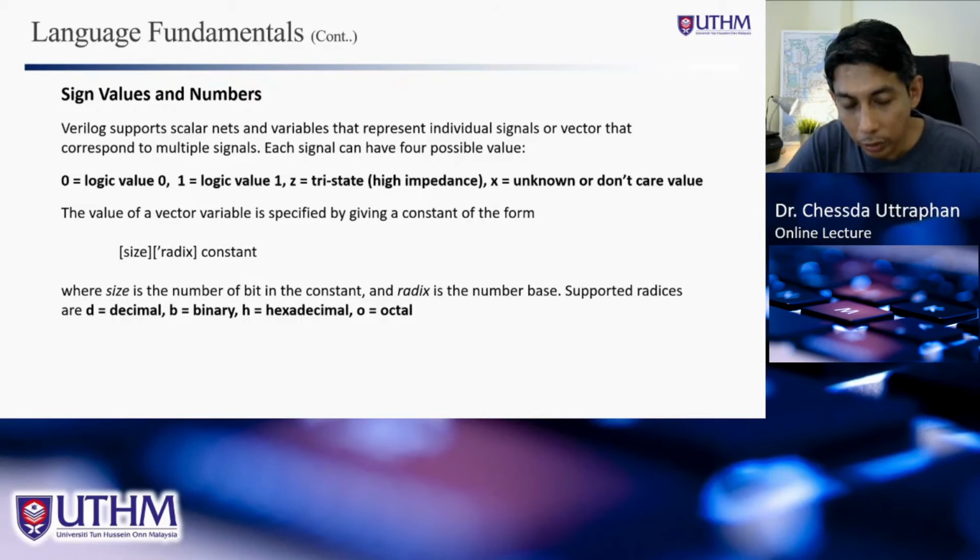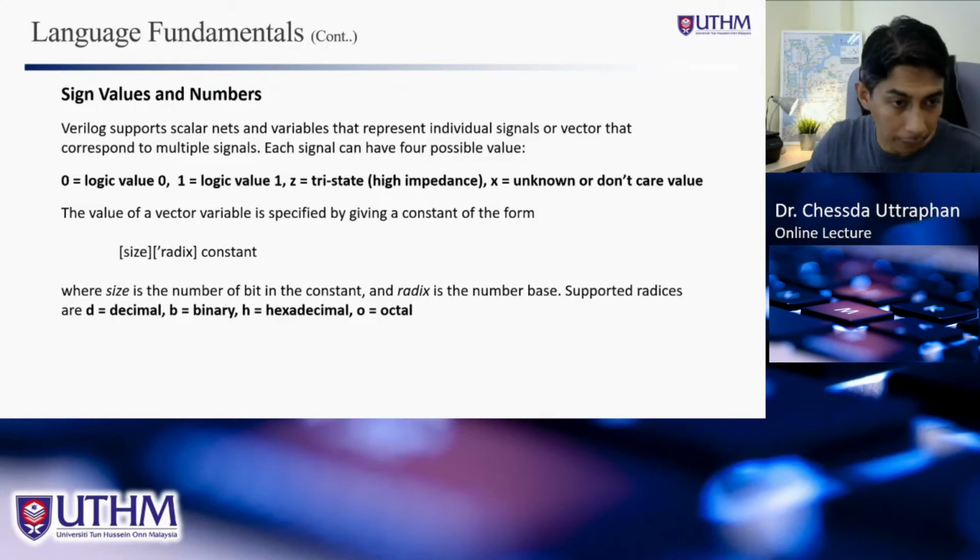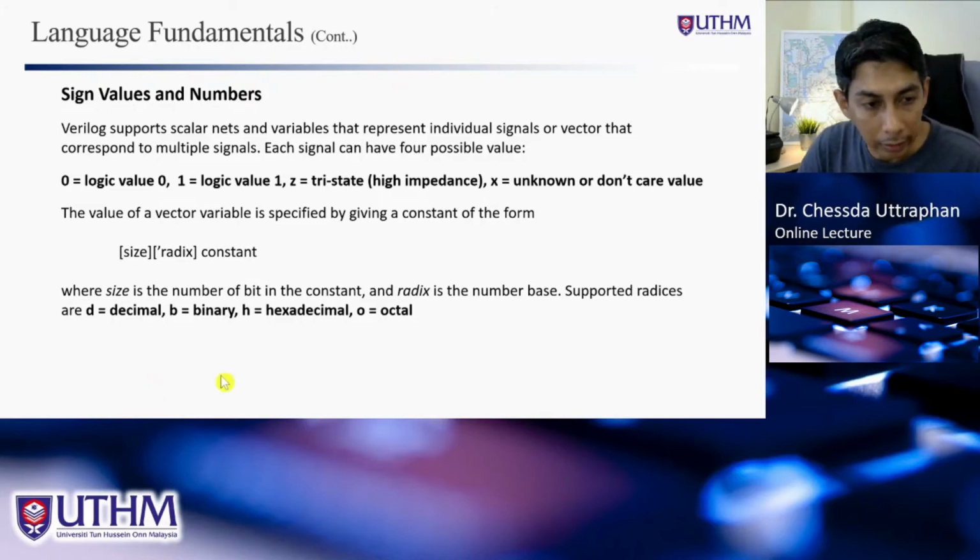So to make it simple, we use hexadecimal, where for 8 bits we only use 2 hex digits instead of 8 binary digits. That's why we use hexadecimal a lot in computer and digital design.